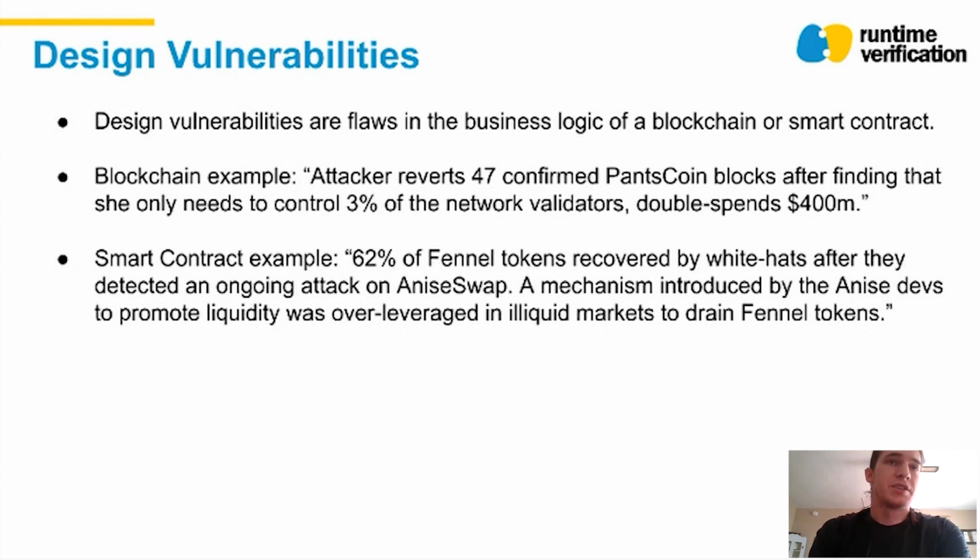An example for a smart contract design issue would be if you introduce some mechanism into your smart contracts that was meant to be positive. For example, maybe you want some mechanism to promote liquidity on distributed exchanges. So you introduce that into your smart contract system, and someone finds out, oh, this mechanism, while it's implemented correctly, actually can be over-leveraged in this corner case, which is illiquid markets, to drain your liquidity pool tokens.